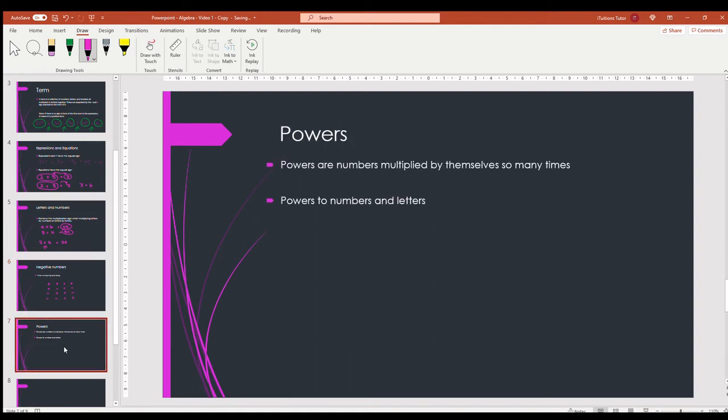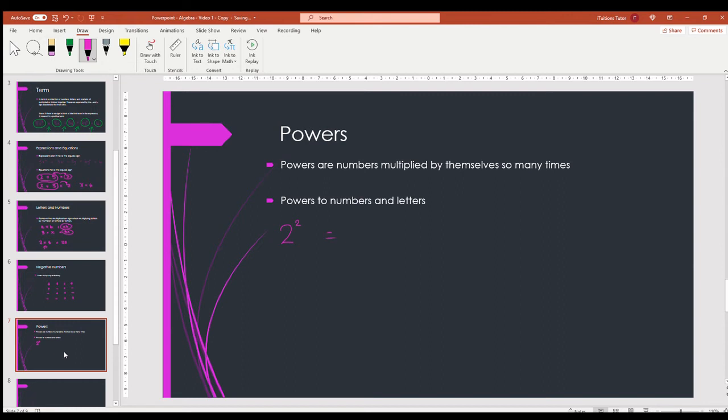Finally, algebra and powers. Powers are numbers multiplied by themselves so many times. So when we see letters or numbers to powers, it tells us how many times it's multiplied by itself, such as 2 to the power of 2.